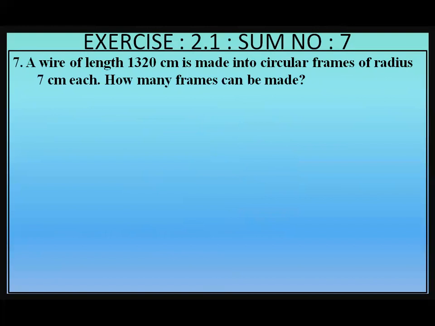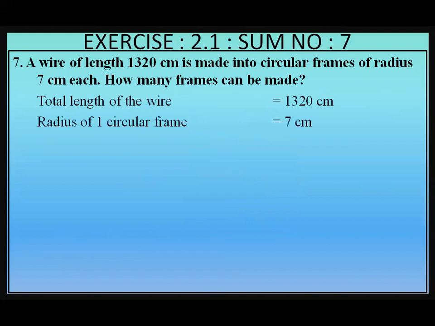A wire of length 1320 centimeter is made to form circular frames of radius 7 centimeter each. How many frames can be made? So we have a length of 1320 centimeters of wire, and the radius of one circular frame is 7 centimeter.